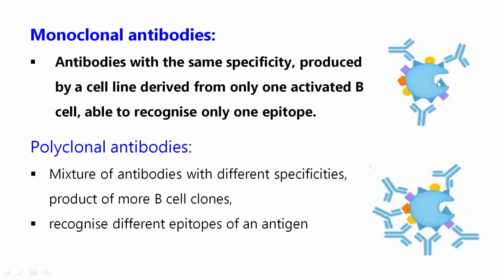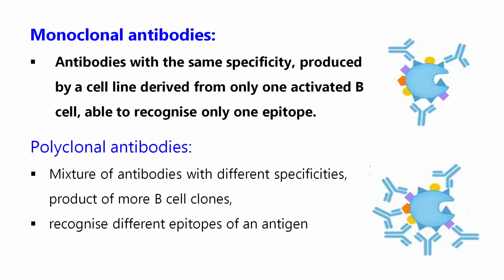The specificity is further enhanced in monoclonal antibodies. All the monoclonal antibodies will be produced from a single plasma B cell, whereas polyclonal will be produced from different clones of plasma B cell. And also, monoclonal can interact only with one single epitope on the antigen, whereas polyclonal will interact with different epitopes on the same antigen.